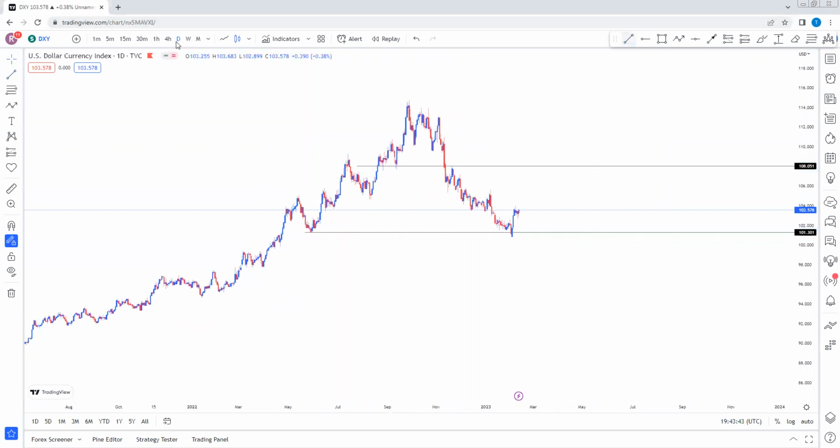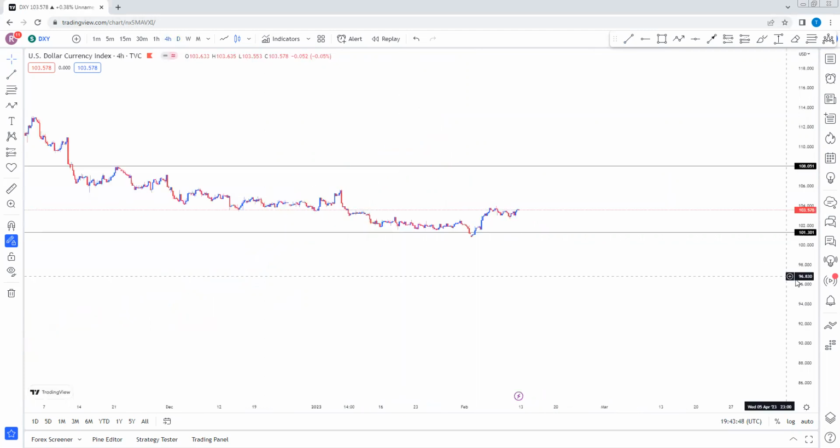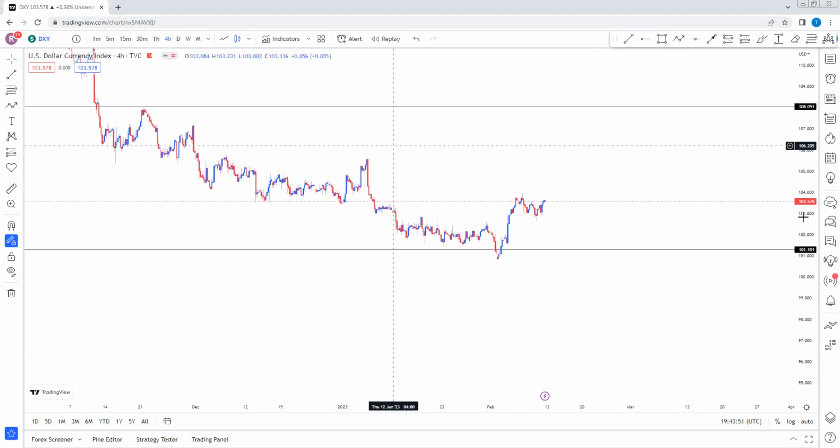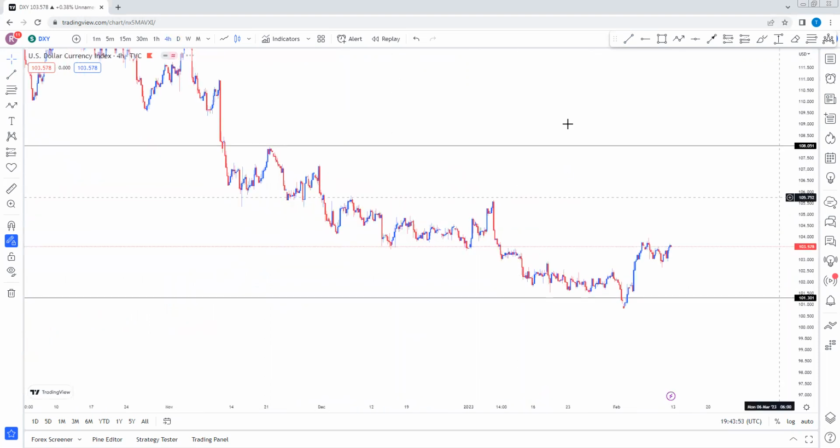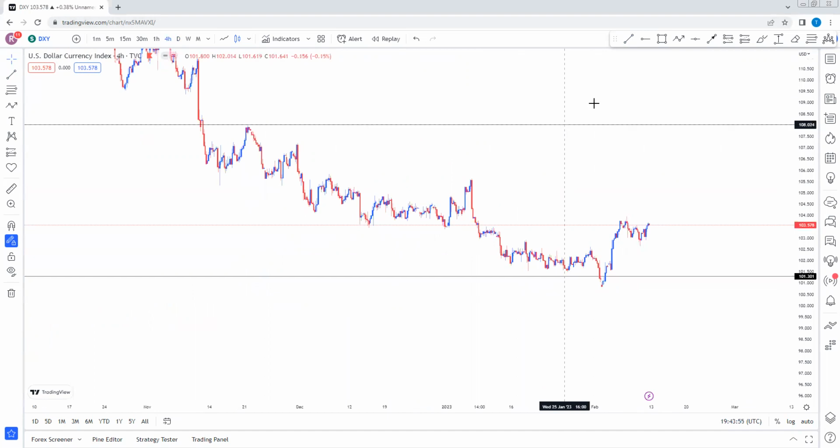So let's move to our 4-hour time frame and try to figure out what's going on with the DXY. On our 4-hour time frame, we actually have this clear structure of a descending channel.